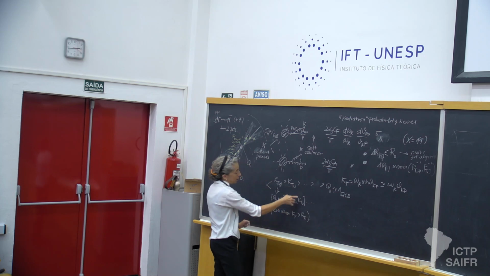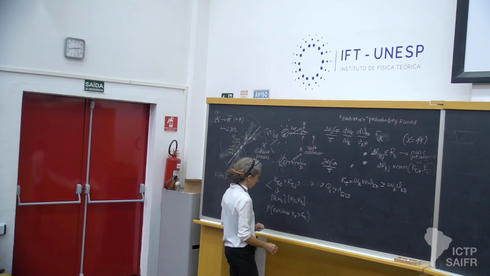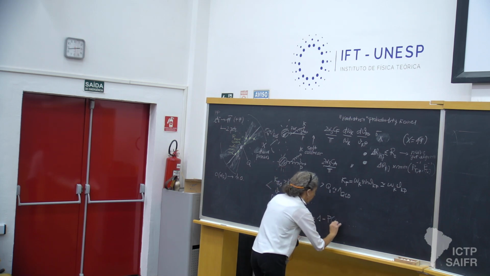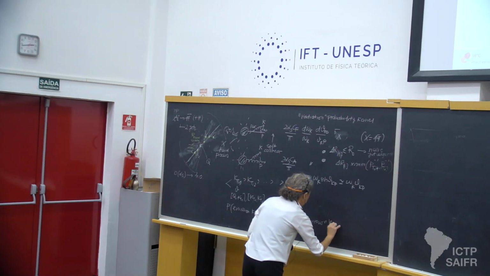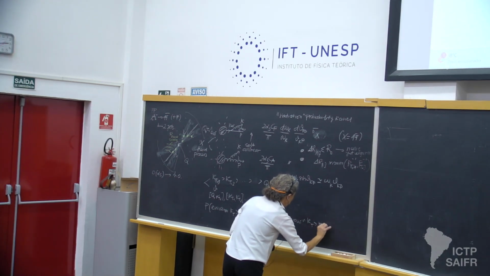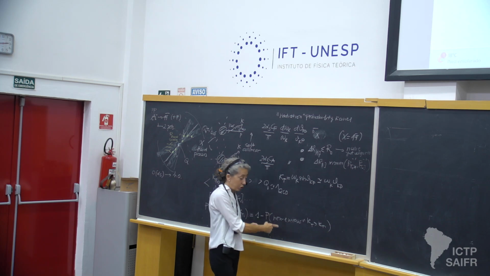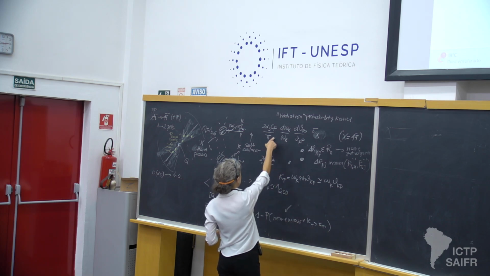In the second one it will be above KT2, in the third et cetera, and the last one will be above lambda QCD. You calculate it by rewriting it as 1 minus the probability of non-emission. Why do you do that? Well, because this is what we have calculated: the probability of soft and collinear emission that doesn't go above a certain KT1. So we know this formula, which is here.